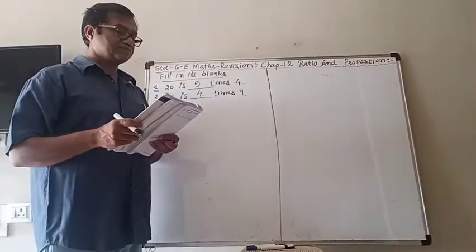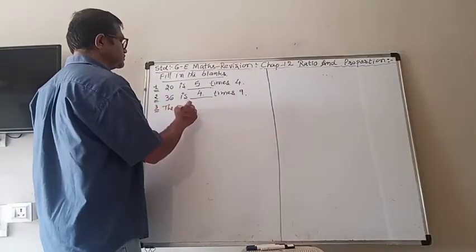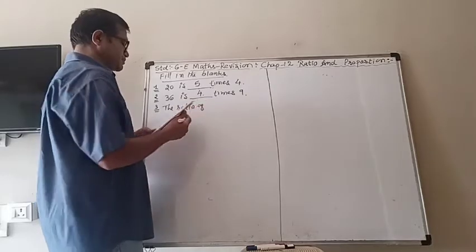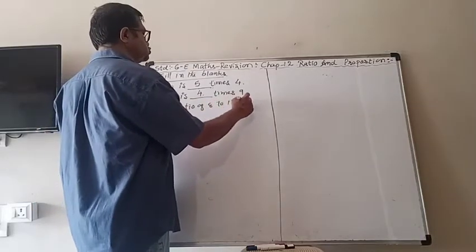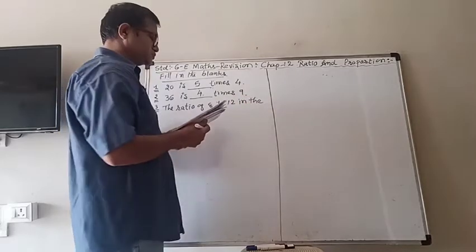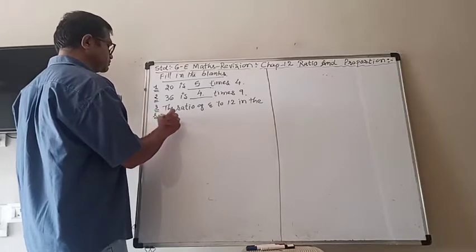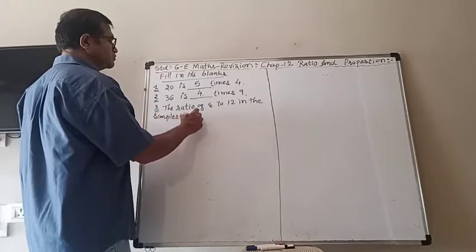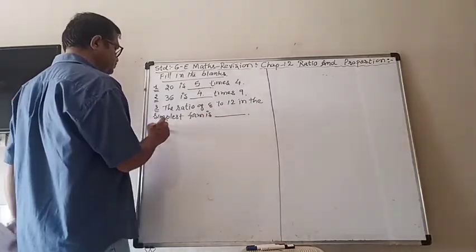Third blank. The ratio of 8 to 12 in the simplest form is blank.